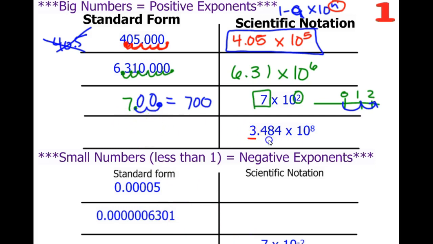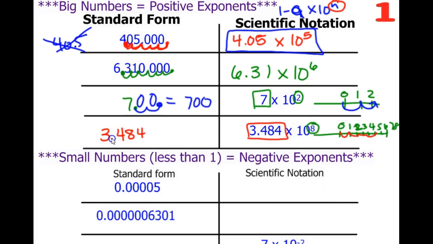Same thing over here. Start with what you're given, just write it out. That's always step 1. Write out what you have. And we're going to move our decimal 8 times. Well, on our number line, 8 is going to be to the right. 1, 2, 3, 4, 5, 6, 7, 8. We're going to move to the right 8 times.